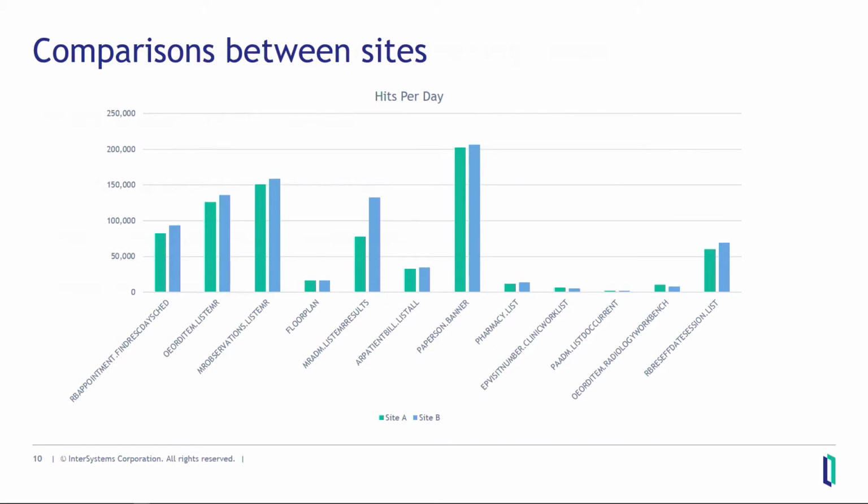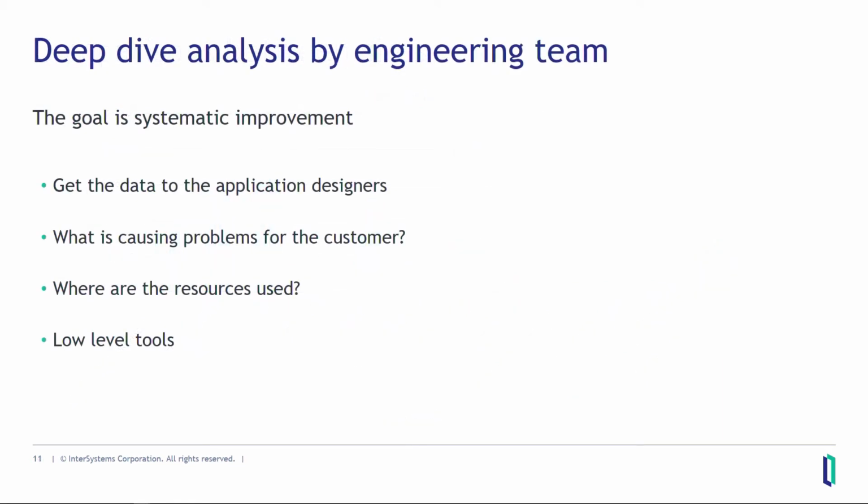And the final part of APM is really that deep dive analysis in the engineering team that makes this a cycle. This is why it's not just monitoring, it's the systematic process where the goal is systematic improvement of the application performance.